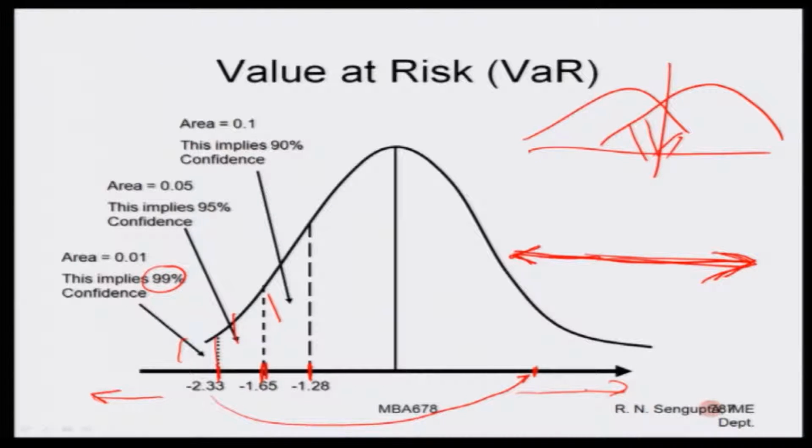Similarly, you can have diagrams like this, where for 90%, 95%, 99% the losses are increasing in value terms onto the right, while on the left the losses are decreasing. Whichever nomenclature you follow, be very careful how you draw the losses and how you draw the value of VaR, based on which you find the overall risk.